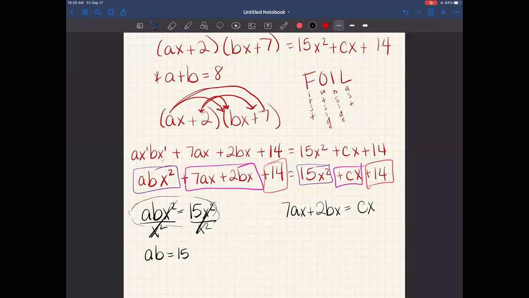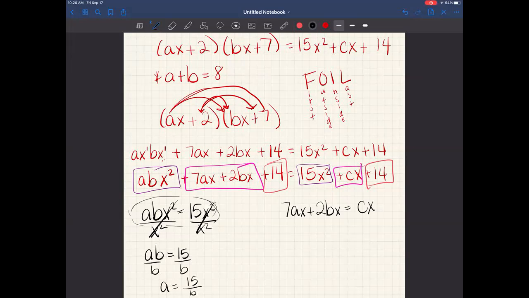Which letter do we want to figure out first? A or B? A. Okay, A. So if I want A by itself, what do I have to do? Divide by B. So A is now equal to 15 divided by B. Okay. Now, things are about to get very, very ugly.